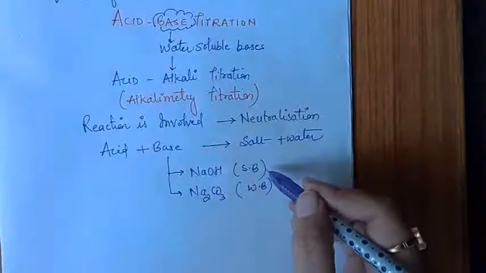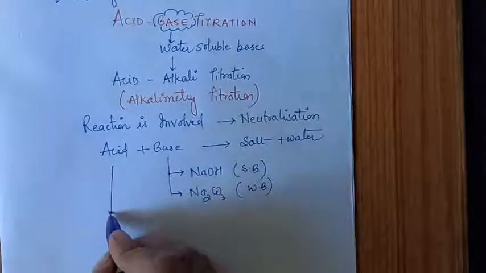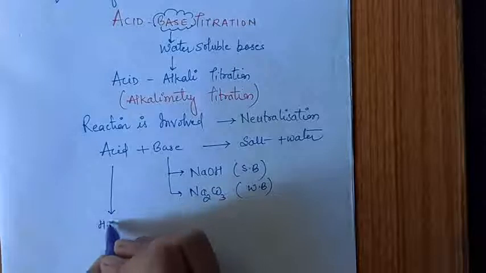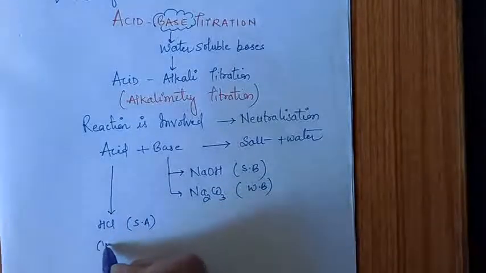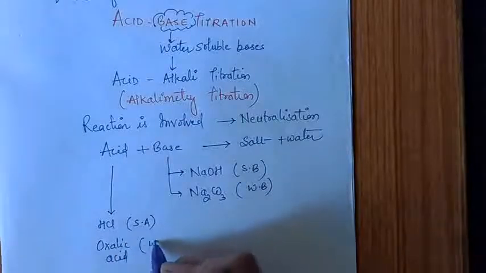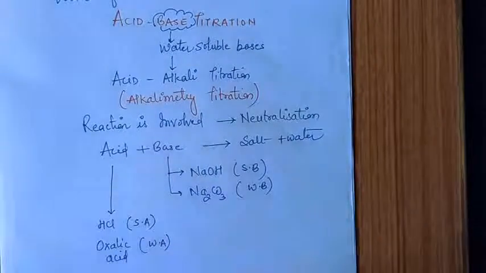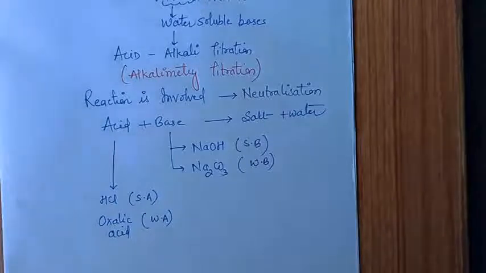So you have a choice of a strong base and a weak base. Similarly for acid, you can use HCl, a strong acid, and oxalic acid, which is a weak acid. So these are the four options, 2 acids and 2 bases, which you can use to do your titration.